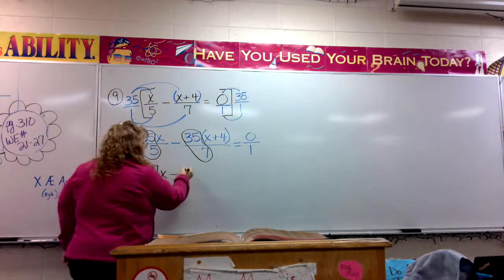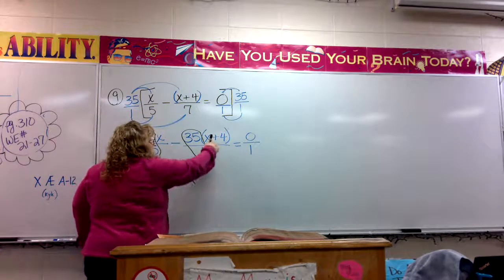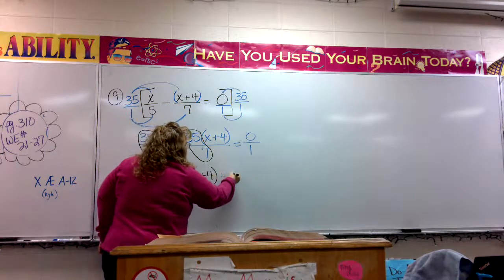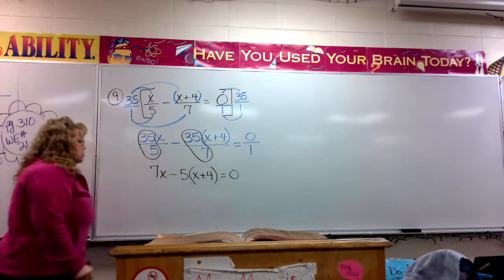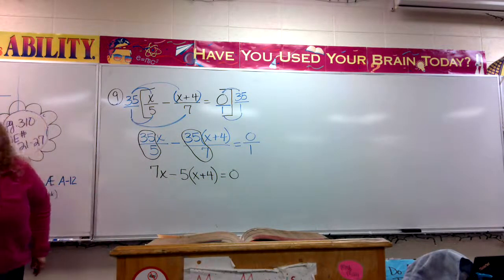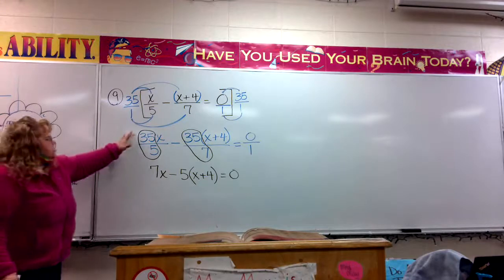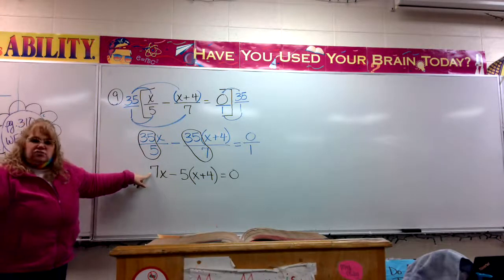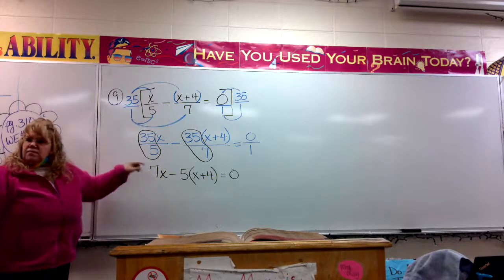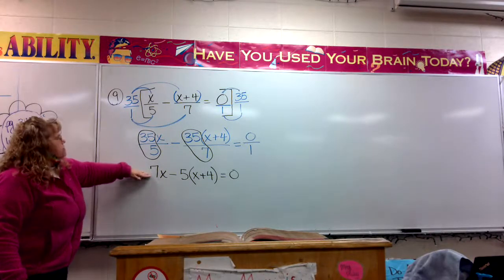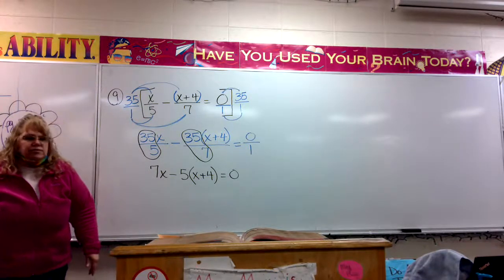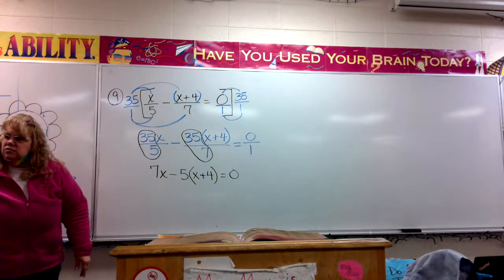It's 5 times that thing, (x plus 4), equals 0 over 1 is still 0. And at this point, when you reduce these fractions, you should have an equation that doesn't have any more fractions then. And I don't know about you, but I would much rather solve this than that. I don't like fractions all that much.